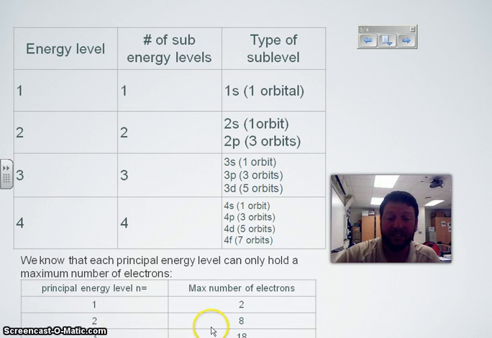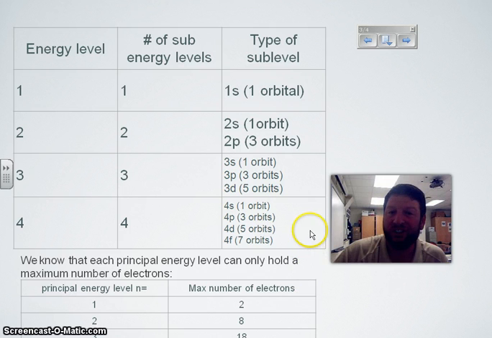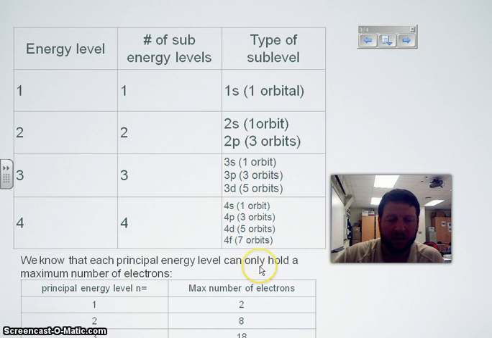The second energy level holds up to 8 total, so the 2s and the 2p can hold 8. In the third energy level, 18 electrons will be spread out through the 3s, 3p, and 3d area. And then the fourth energy level can only have 32, spread out in the 4s, the 4p, the 4d, and the 4f. And that number holds true throughout the rest of the atom.